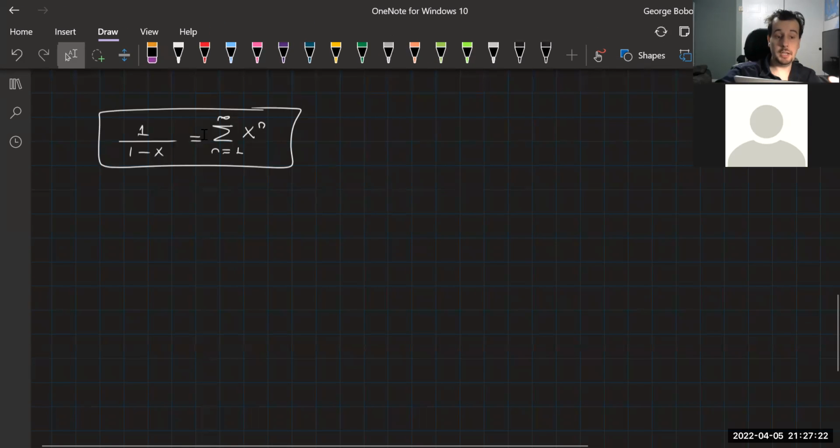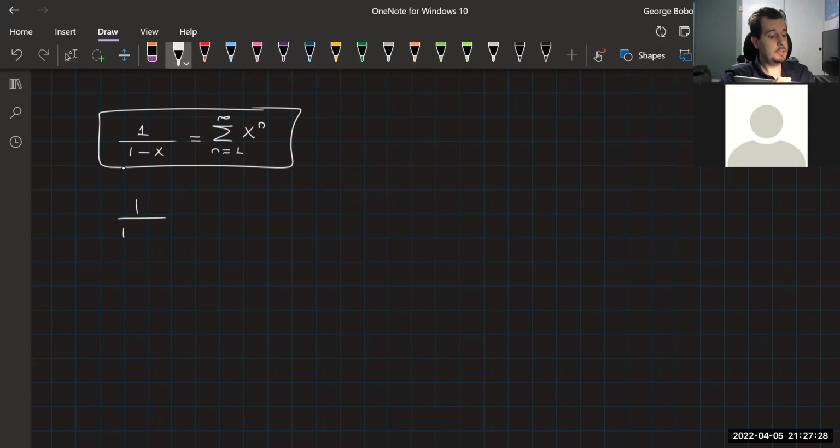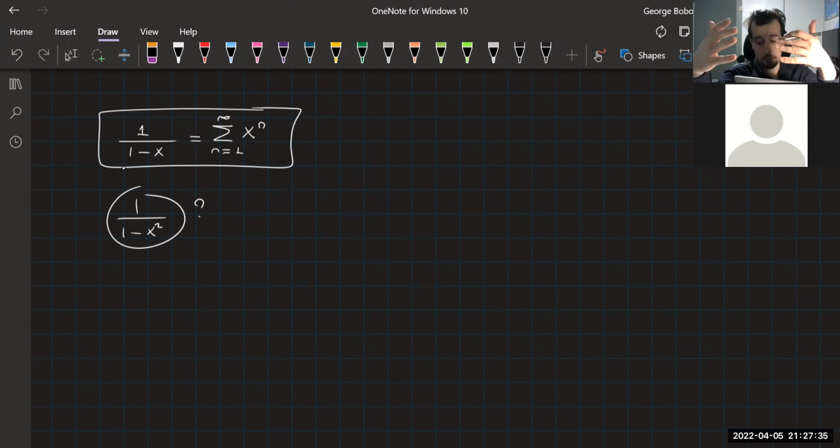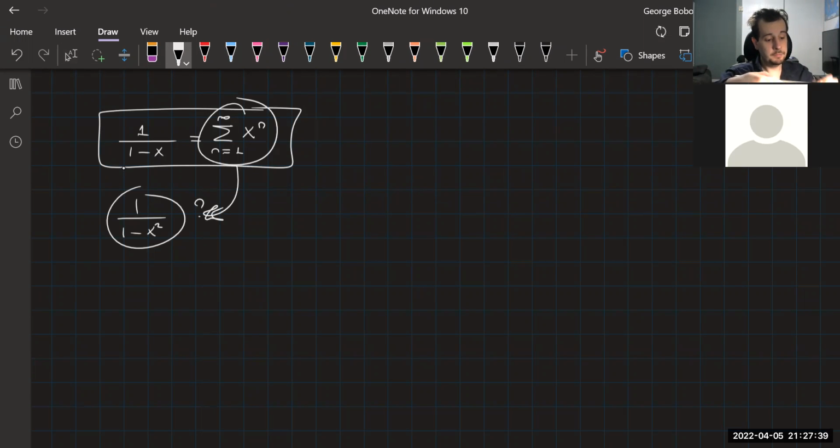How to create power series of other functions. Like if I asked you right now, can you do the power series of this? Using this, we can convert, okay? We can find what the power series representation is for that. That is the goal, and they will ask you this. I'm willing to put my hand on fire.